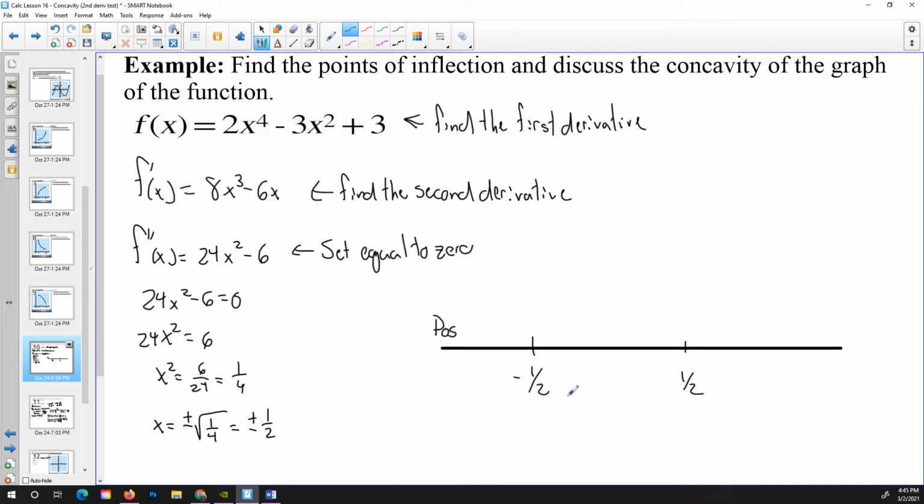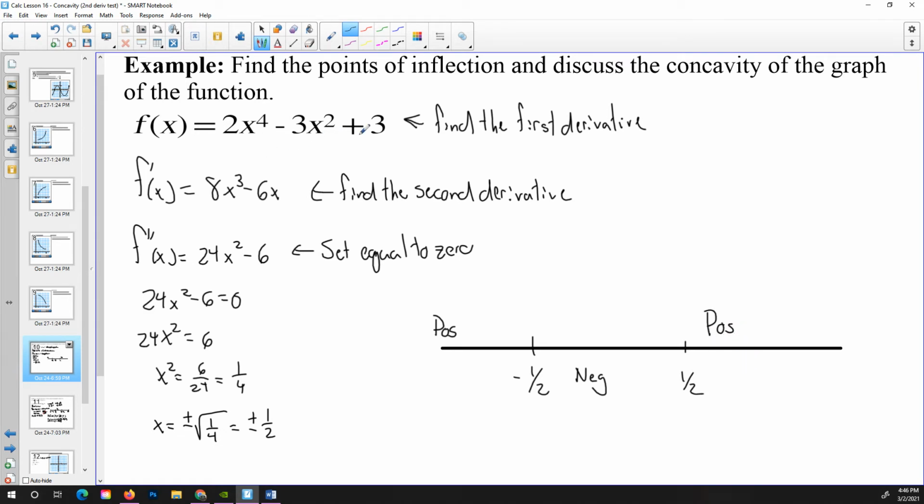All right. Now, I need a value between negative 1/2 and 1/2. 0 is very convenient because 0 squared is 0 times 24 is 0. Minus 6 is negative. So over this interval, the values of the second derivative are negative. And then if I pick 10 on the third interval here, I'll have 10 squared is 100 times 24, 2400 minus 6 is still going to be positive.